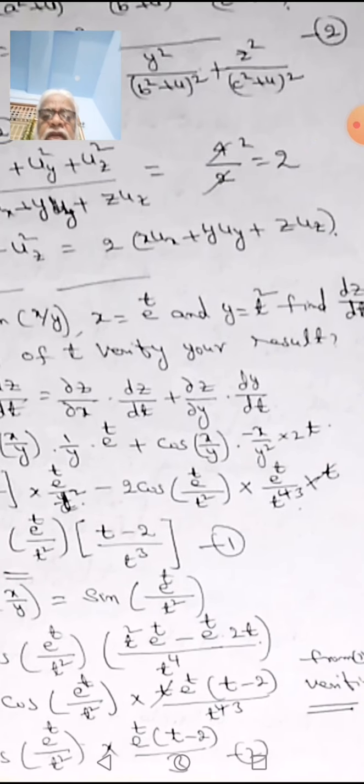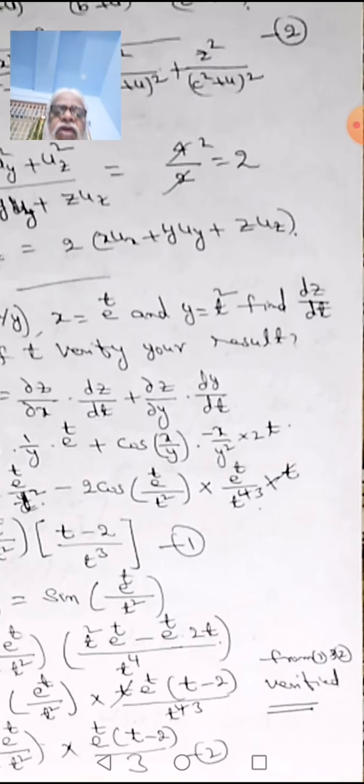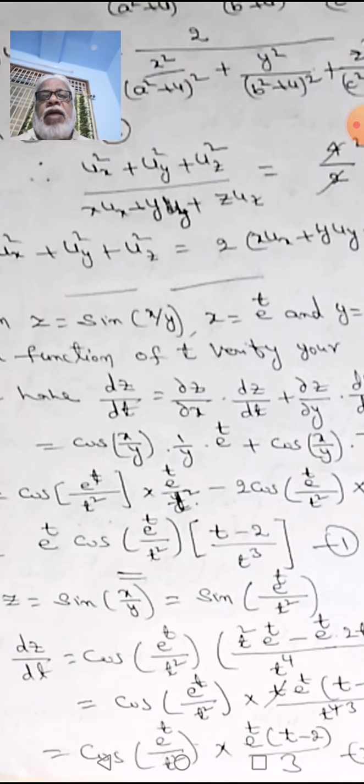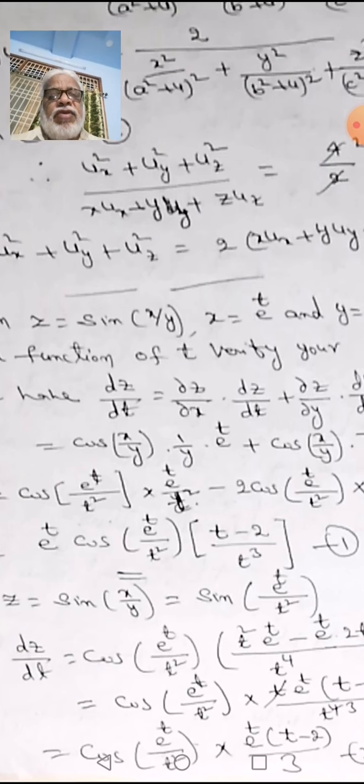You see, from 1 and 2 you verify our answer. In the first method, we apply partial derivatives using the chain rule and confirm the value of dz/dt is e^t cos(e^t/t²)(t minus 2)/t³.